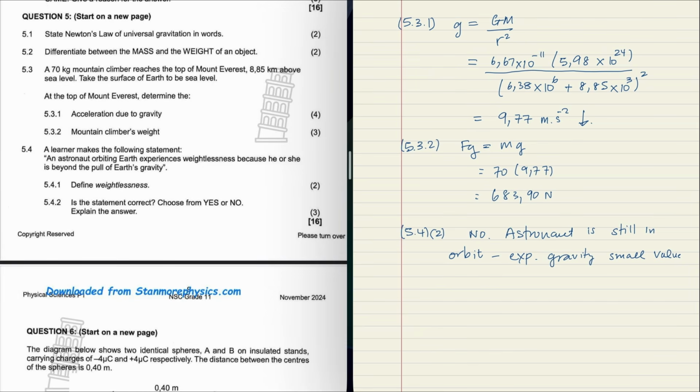So actually they are accelerating down to the earth, but at the same time, if they are in the space station, at intervals it is going to apply its thrusters to move it slightly away. So it's not as simple as just saying that it's weightless.